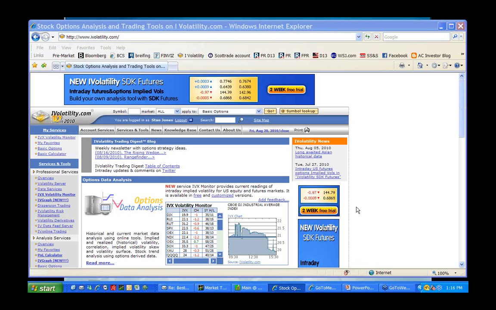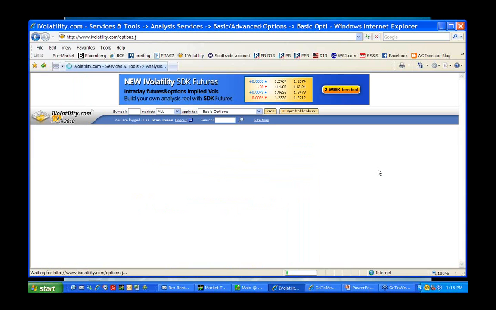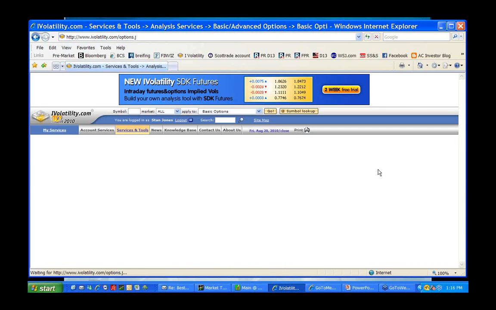To access that chart, you do have to fill out a registration, basically just your email address. They do put out a nice weekly newsletter that has some good information, but you don't have to pay anything to register. Once you've filled out a registration with your name and email address, you can access what is called the basic options here. I'll click on that. I'll show you where I found that one chart.